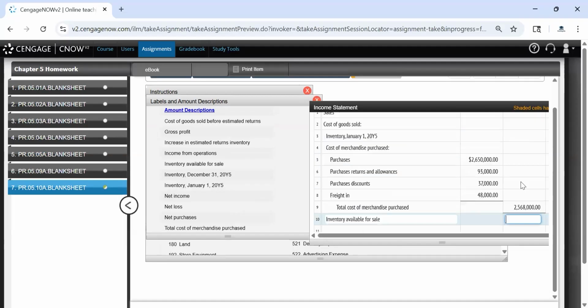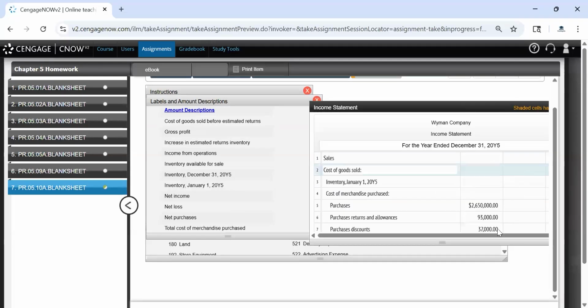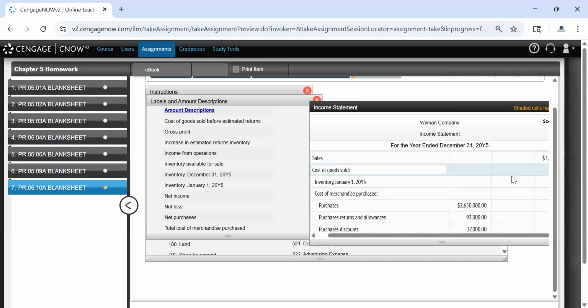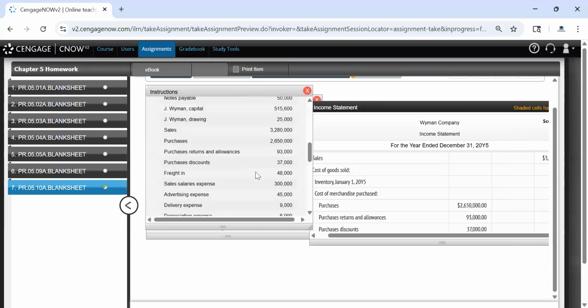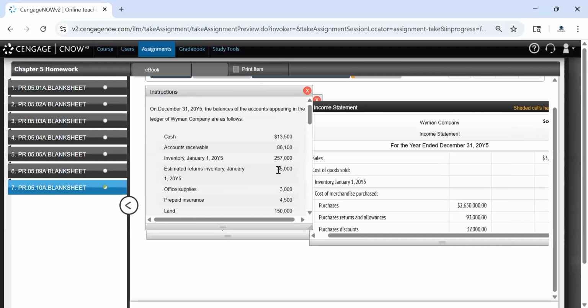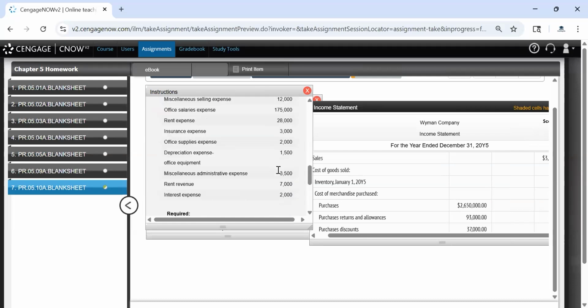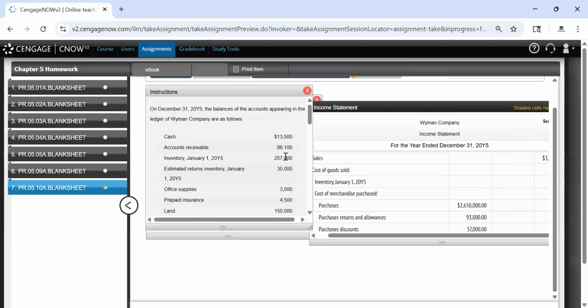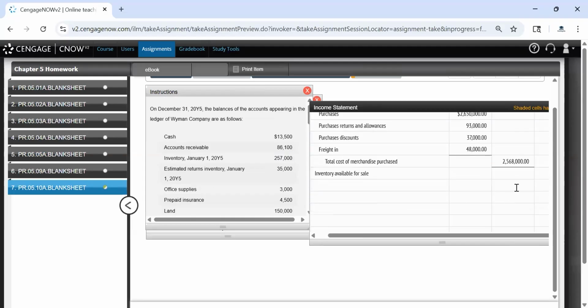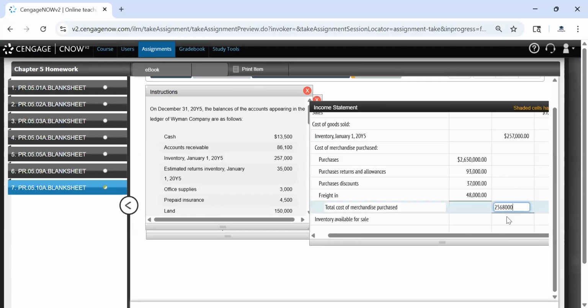And that's going to be the inventory at the beginning of the year, which we have to add in, the January 1st inventory balance of 257,000, plus the total cost of merchandise purchased for a total of $2,825,000.